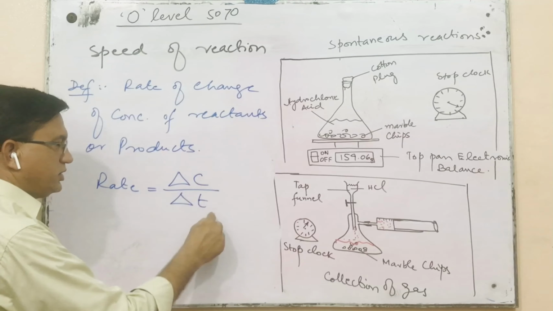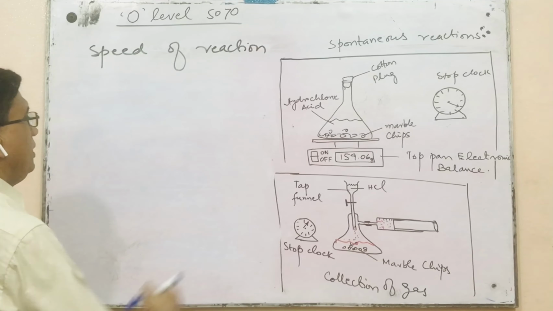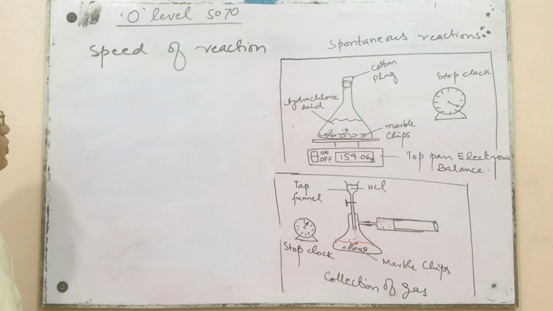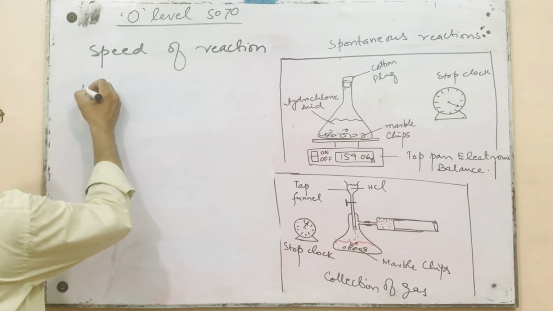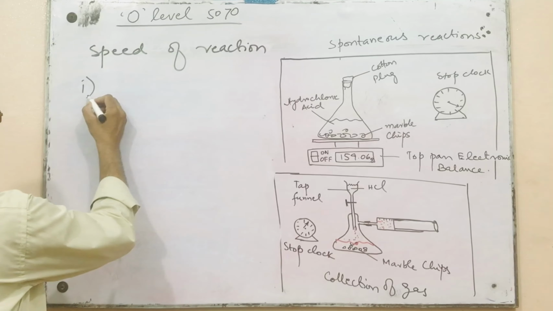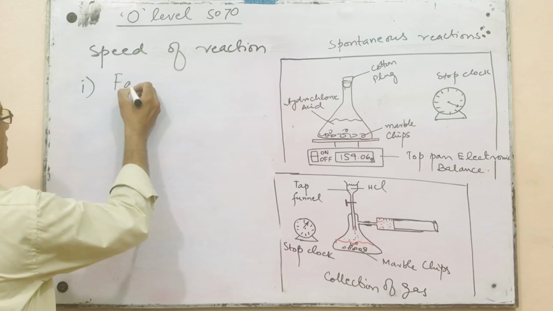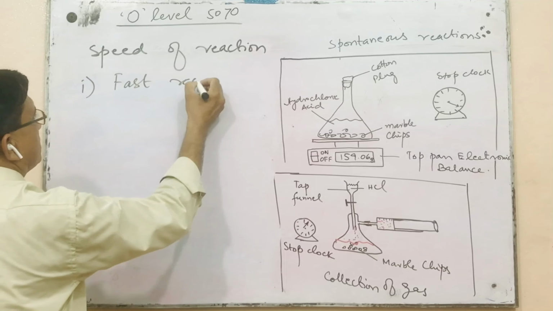Now, depending upon the rate of reaction, there are three types of rates which we normally observe in our life. One are the fast reactions.